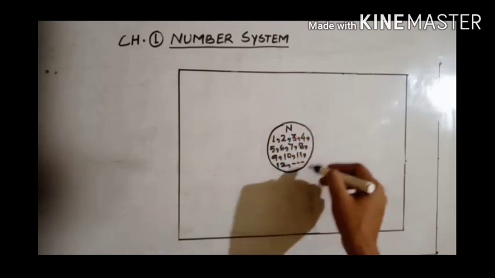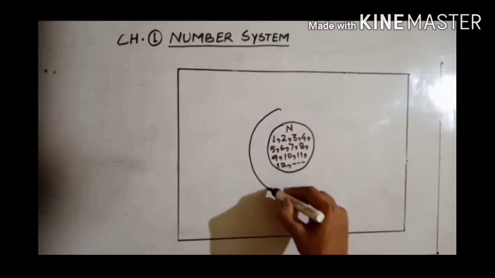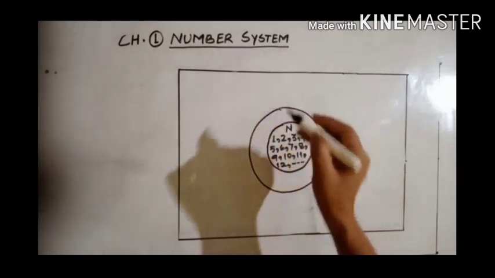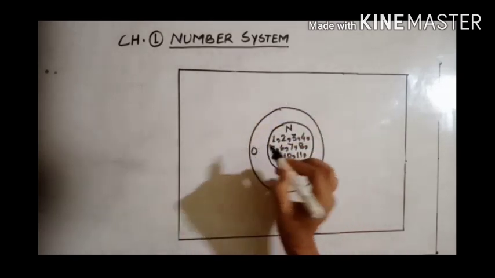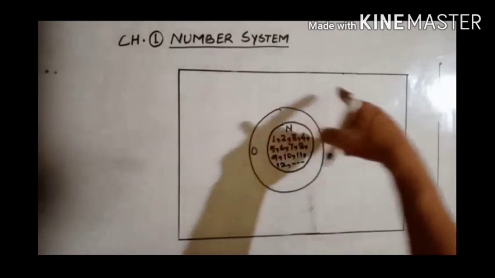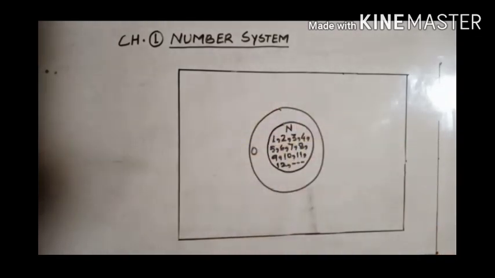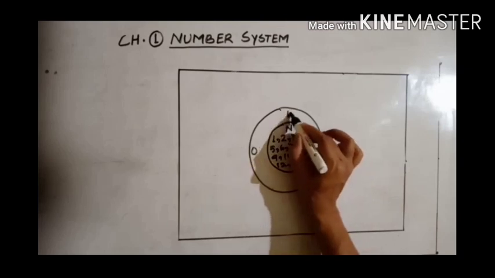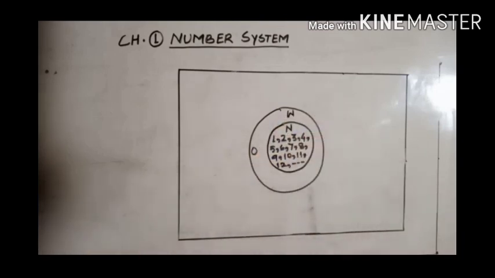When all these natural numbers are included with the digit 0, a new set of numbers gets formed called whole numbers. And this set of whole numbers is represented by the capital letter W. So whole numbers include 0, 1, 2, 3, 4, 5, 6, 7, 8, 9, 10, 11, 12, 13, 14 and so on.